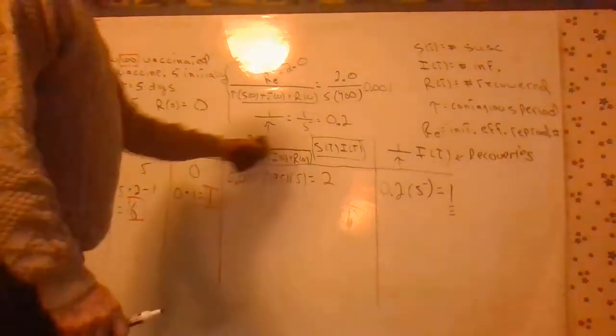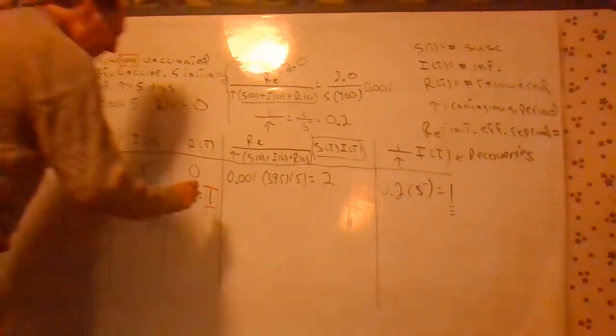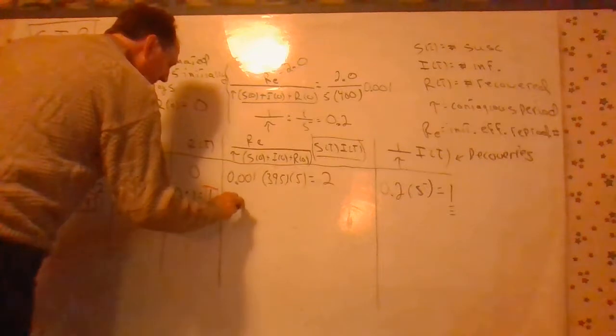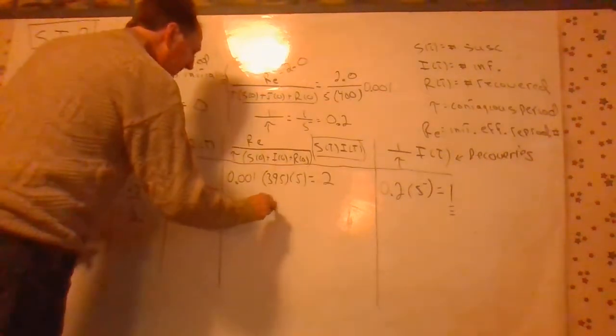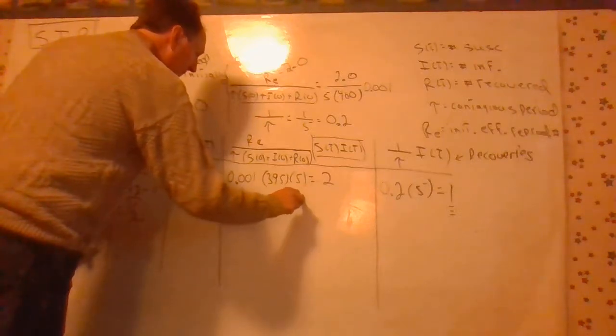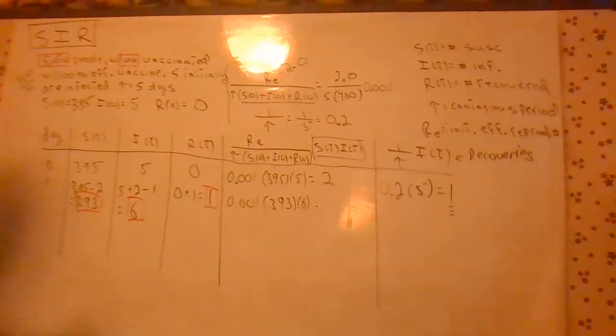Now, how do we calculate the number of new infections? Well, we're going to do 0.001 times 393 times 6. Okay, 393 times 6 times 0.001.